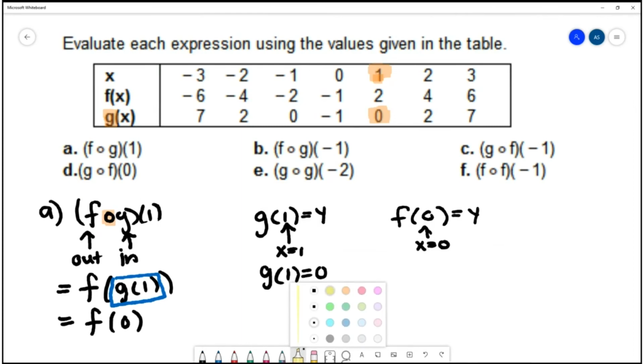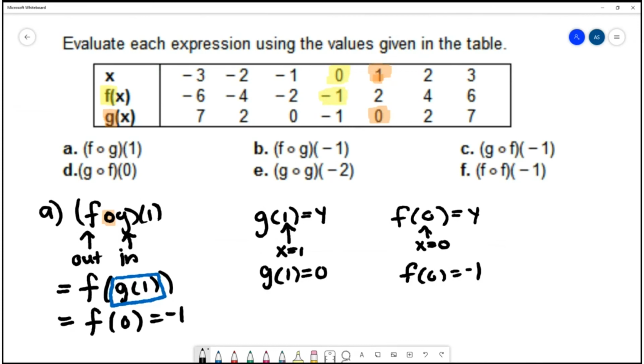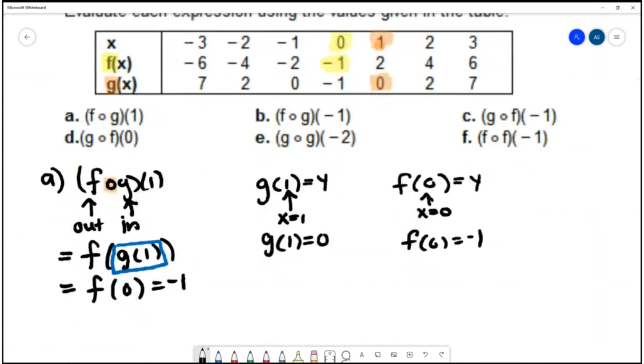So to simplify this, we're going to go on our table where we have an x of 0, and for the function f, find that y value. So f of 0 is negative 1. And we have our evaluation. F composed with g of 1 is equal to negative 1.